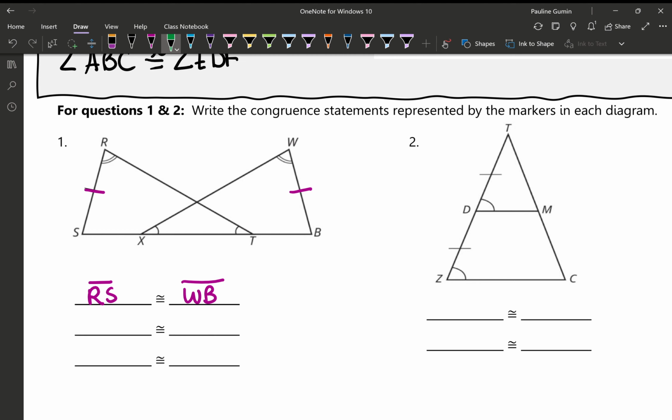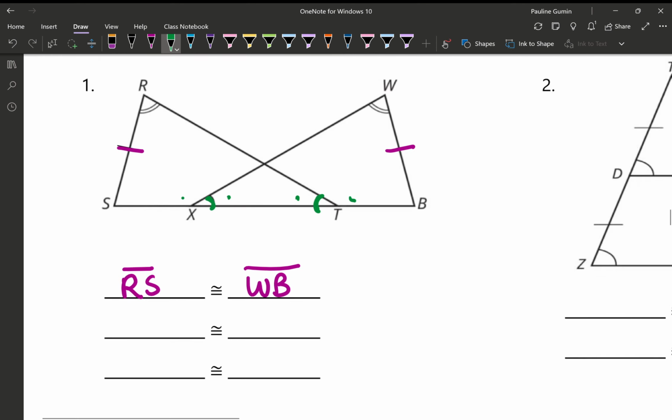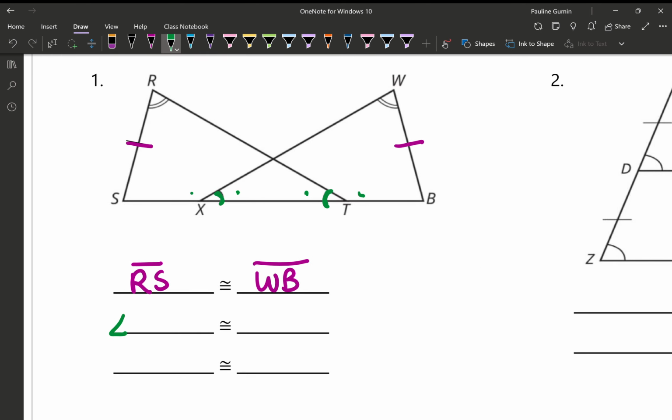Okay, next I want to do the singles. I have single arc here, single arc here. Now, because there are 2 possibilities of X and 2 possibilities of T, I am going to be specific in naming it. I'm going to name the X angle WXB, and the T angle is RTS.